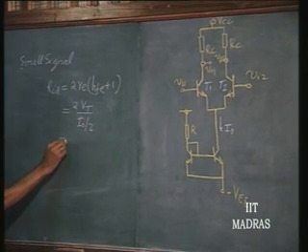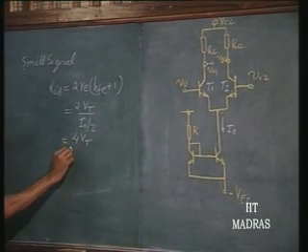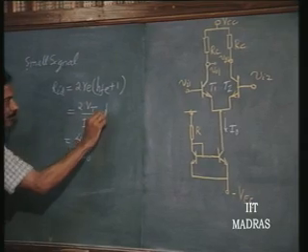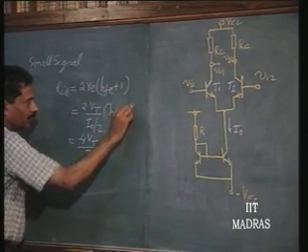So, this is equal to 4 VT divided by I naught into (HFE plus 1).